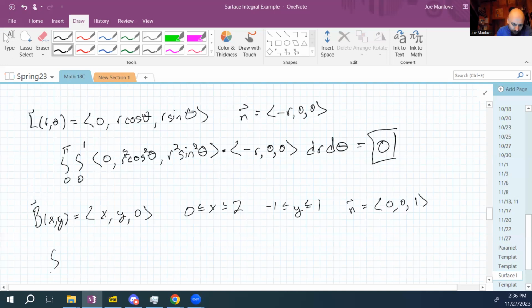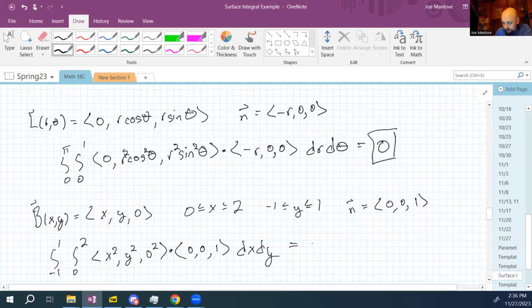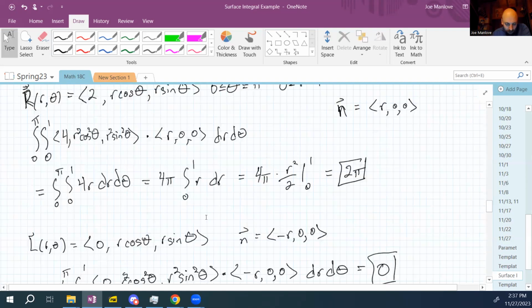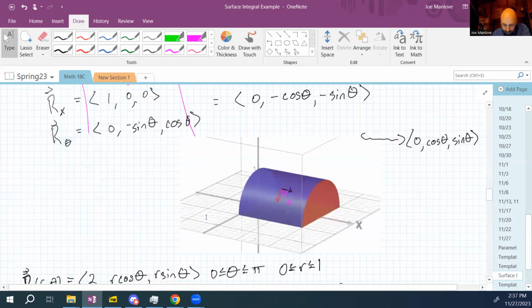Okay, so now I need to integrate from minus 1 to 1, integrate from 0 to 2. I've got my function, which is x squared, y squared, and 0 squared. Right, so I took these x, y, and 0 and plugged them into my vector field. Now I'm dotting with my normal vector, which is 0, 0, and 1. And I would be integrating dx, dy. Good news is this is 0 anyways. Neat. Chill. Good.